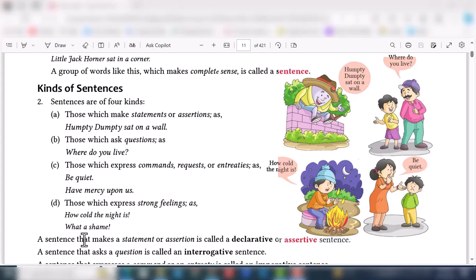These express feelings, maybe happiness, maybe sadness, or something else. I have a lecture on this one. If you want to watch it, you should go for the exclamatory sentences, meaning how parts of speech change into exclamatory sentences from interjection to exclamatory sentences.